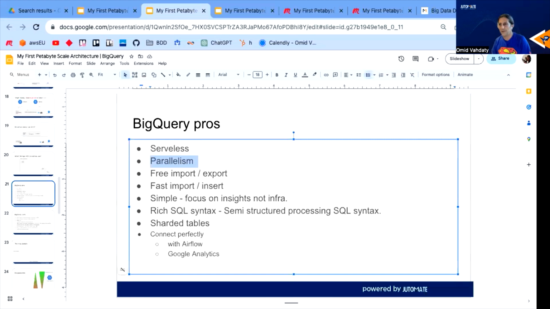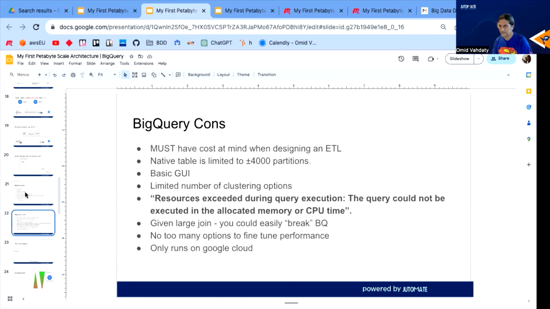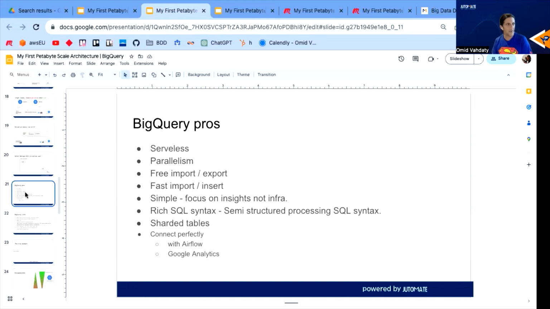You can use sharded tables, which is a powerful concept. You can connect perfectly to Airflow and Google Analytics with seamless effort, which is quite nice. Any questions about the advantages?